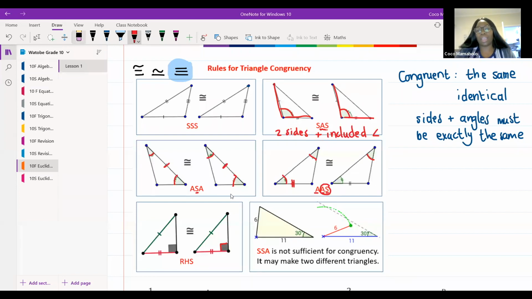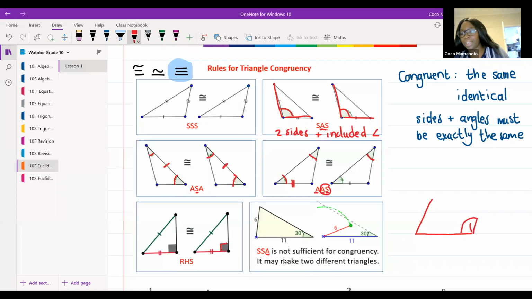Okay, now again, like we were saying, guys, side, side angle, not sufficient. Side, side angle is wrong, so we cannot use side, side angle. And the reason for that is because if I have a side over here and I have a side over here, this angle can be whatever it wants.